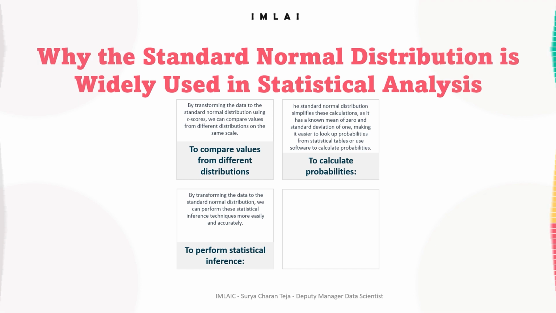When the distribution of the data is unknown or non-normal, we can use the central limit theorem to approximate the distribution to a normal distribution. By transforming the data to the standard normal distribution, we can perform these statistical inference techniques more easily and accurately.